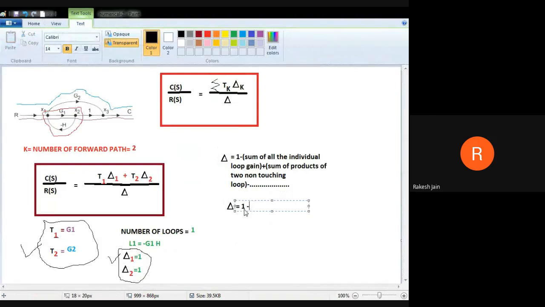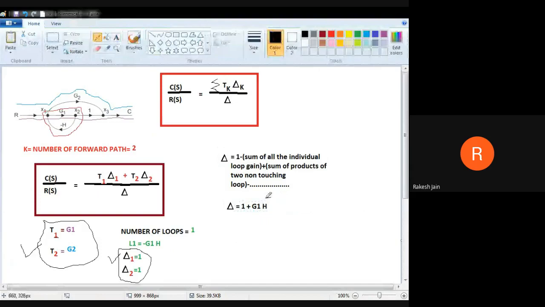Minus G1H, because the minus sign is already present, so it will be plus G1H, okay, 1 plus G1H. Plus the sum of products of two non-touching loops, but here only one loop is there, so we cannot write down anything. So now this del I also found.